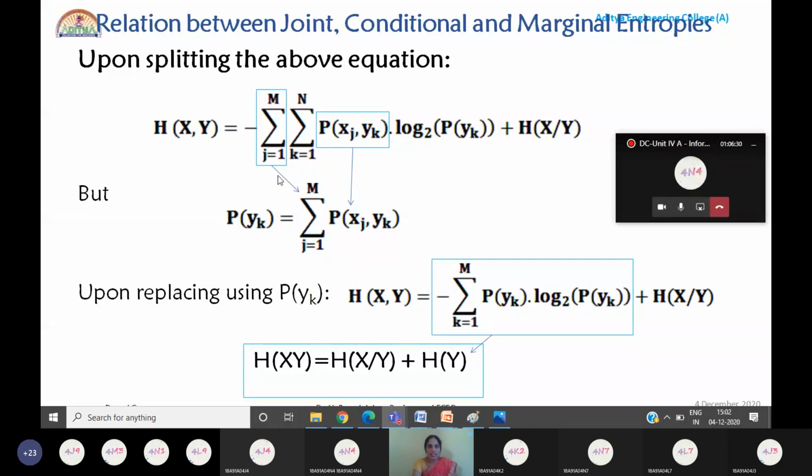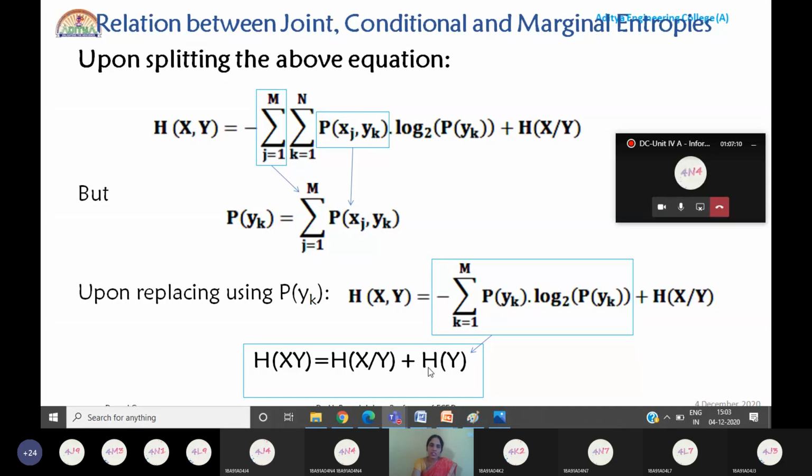Upon replacing summation j equal to 1 to m p of xj comma yk using p of yk, this is nothing but the marginal entropy of the receiver section.